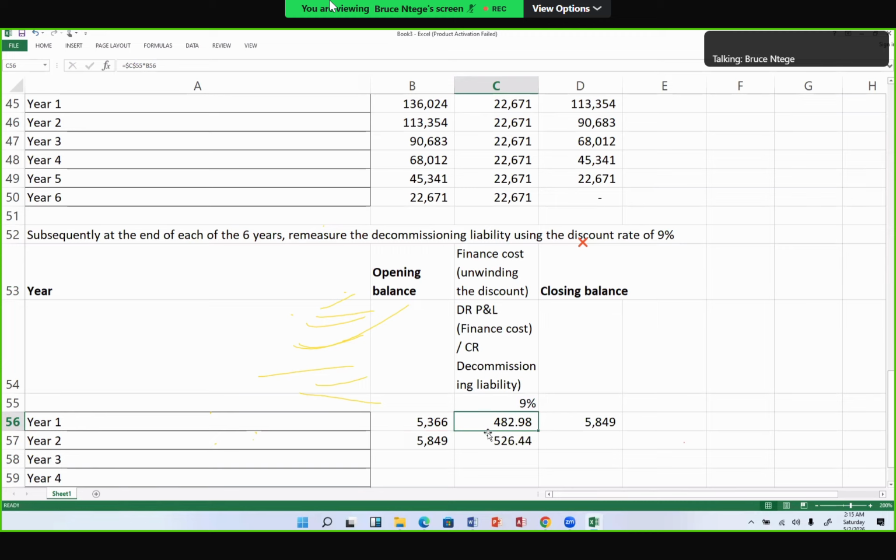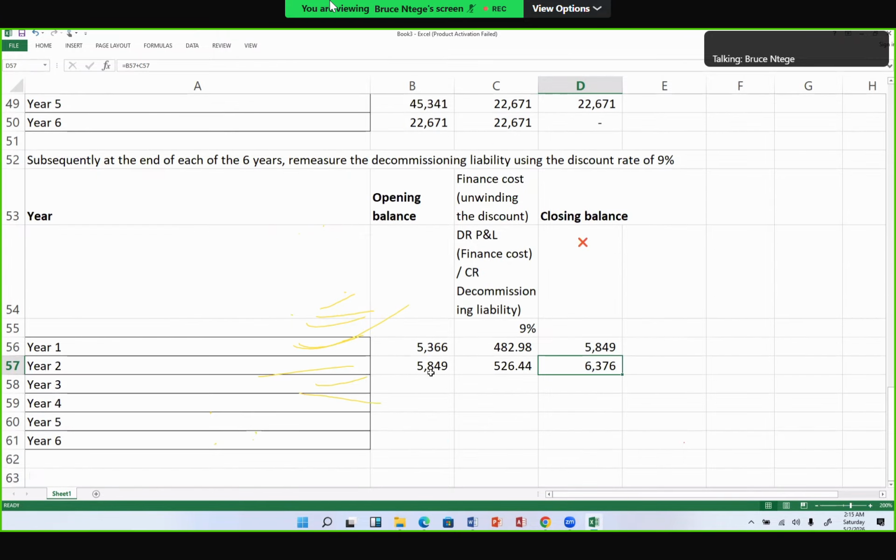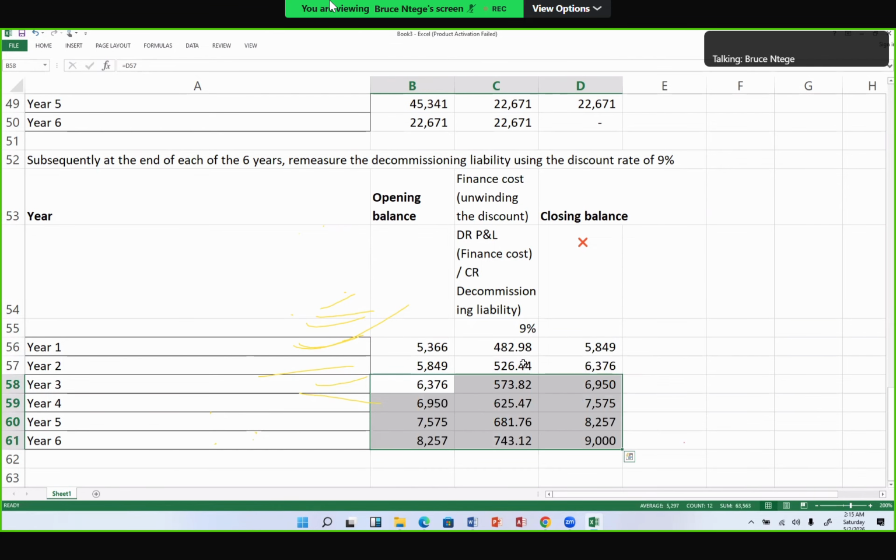So 9% of the 5846, and the closing balance, again with this formula, is 56376. So let me just pick this and take it across the 6 years. Okay, so I want to ensure that I don't have decimal places here.